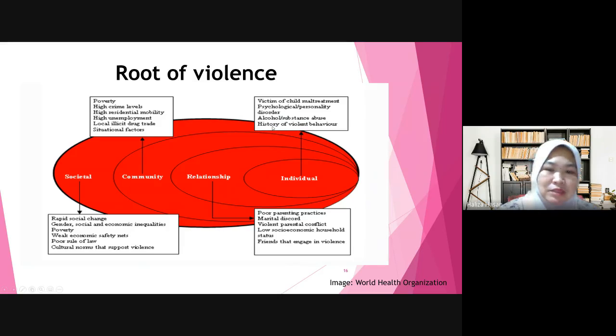So sometimes they have experience being the victim and being abused. For relationship, the root of violence can be poor parenting practices, marital discord, parental conflict, low economic household status, and friends who engage in violence.